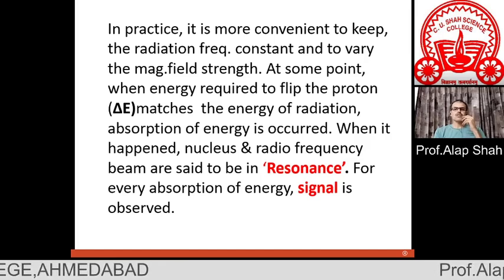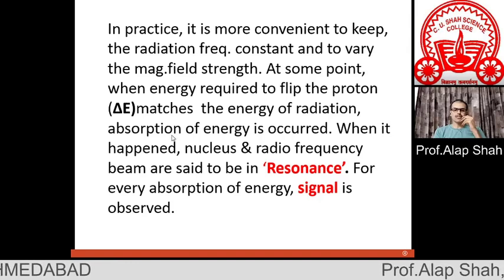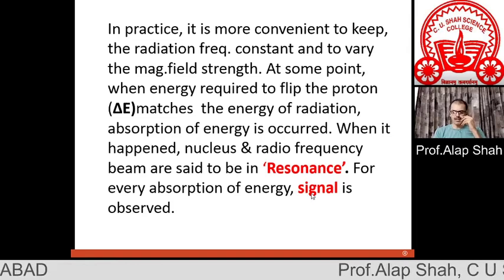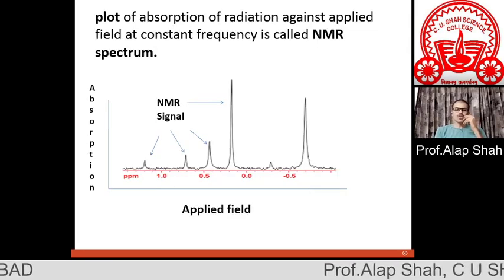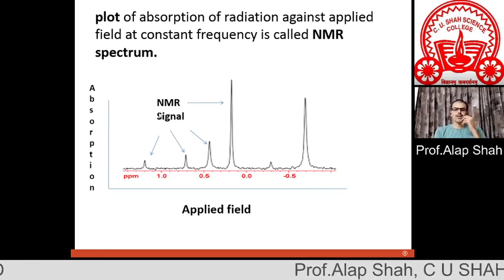That's why the word resonance is there in nuclear magnetic resonance. Every time absorption of energy takes place, in NMR spectroscopy we get a signal. So let me show you in this figure. First of all, this is a graph. You can see a lot of absorption of radiation.